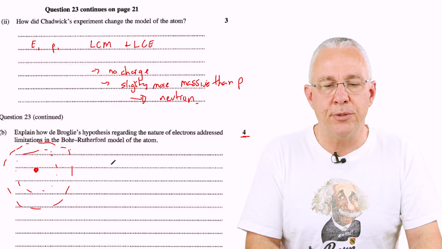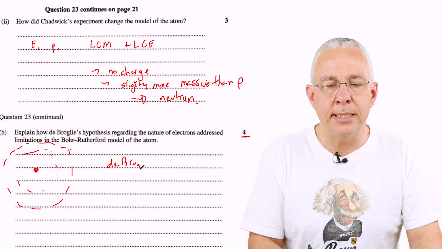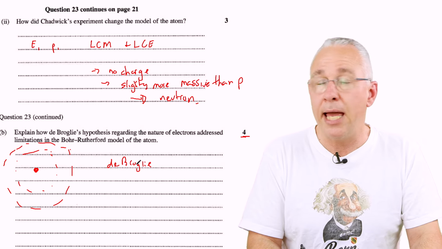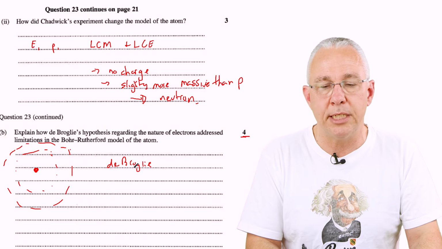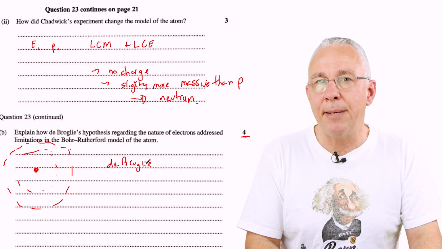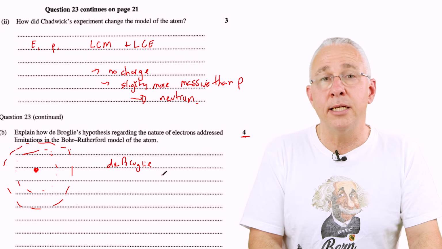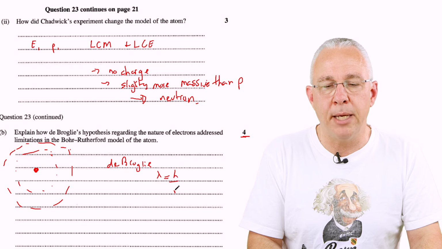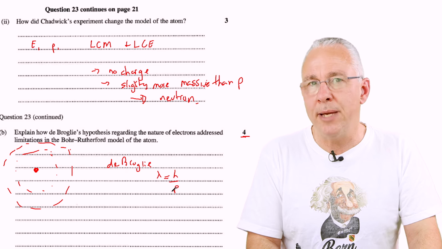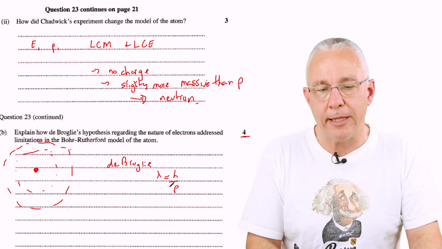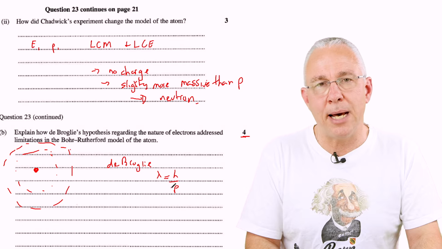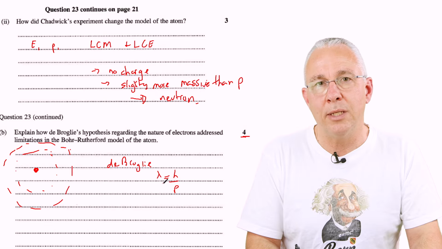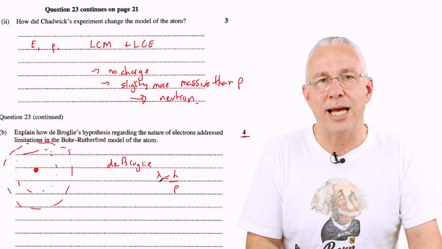And so what did de Broglie do? So when we have de Broglie, he basically surmised by using the idea of E equals hf and the fact of E equals mc squared, that basically any particle with momentum has an associated wavelength. That is, the wavelength is equal to h over p. That is, all objects with momentum have an associated de Broglie wavelength. Now, in most cases, our particles with momentum are so large that the wavelength is incredibly small, unmeasurable, in fact, and so we don't actually measure this.